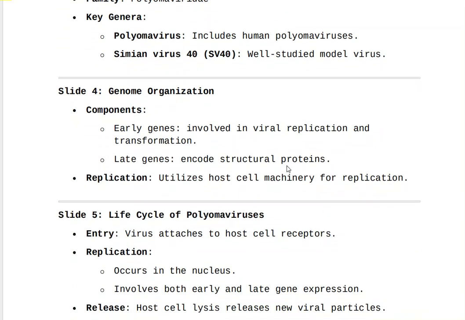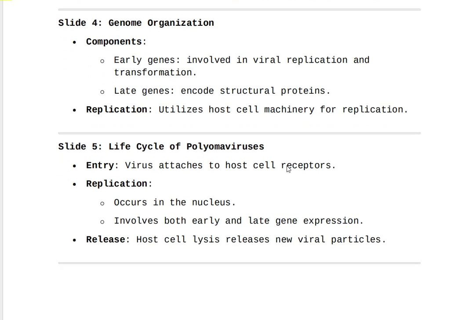There are many genera, but the most notable include the human polyomaviruses and simian virus 40, or SV40. For the genome, they have early genes and late genes responsible for viral replication, transformation, and encoding proteins.